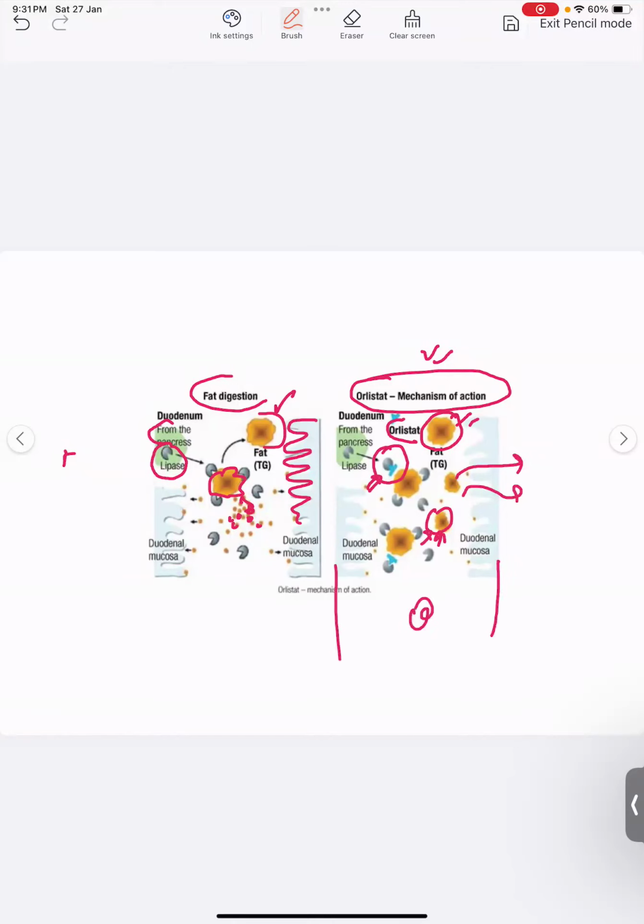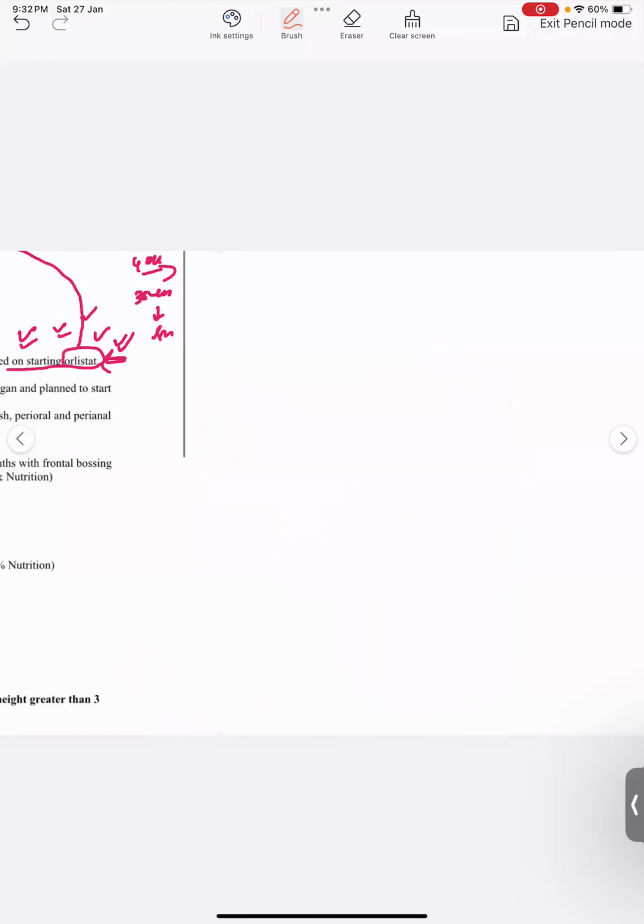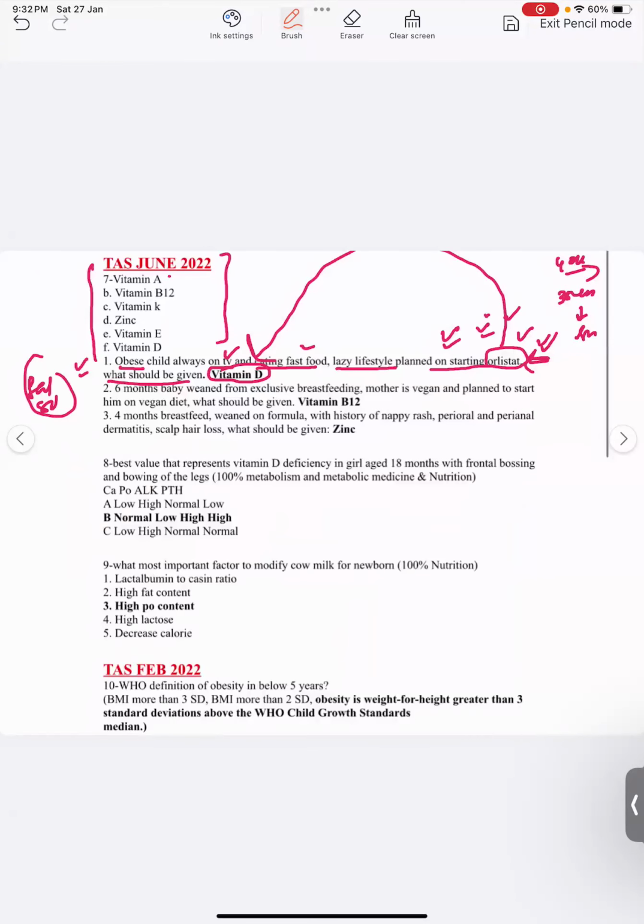There will be increased fat, and it will lead to steatorrhea. Due to steatorrhea, your fat soluble vitamins A, D, E, and K will be affected. Whenever you give a patient orlistat, the vitamin most likely affected is vitamin D. So you will give vitamin D supplementation to the patient who is on orlistat.